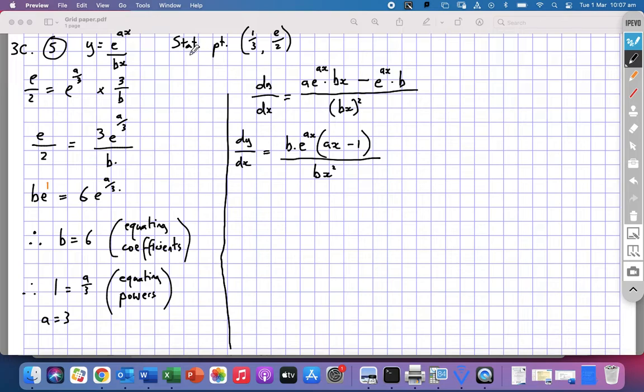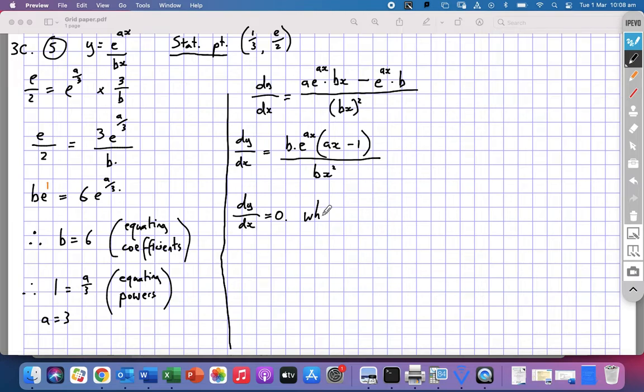Now I'm going to think about stationary points for this derivative because the question has prompted me to. It said that when x is 1/3 we have a stationary point, and stationary points come when the derivative equals 0. The only way to make this derivative 0 is to look at what's in the brackets here, the ax minus 1.